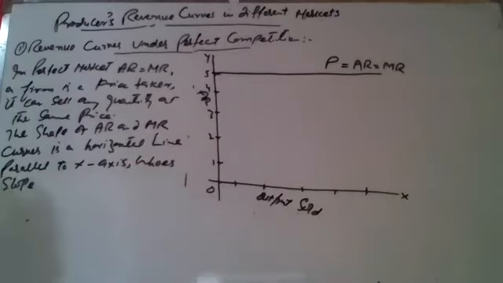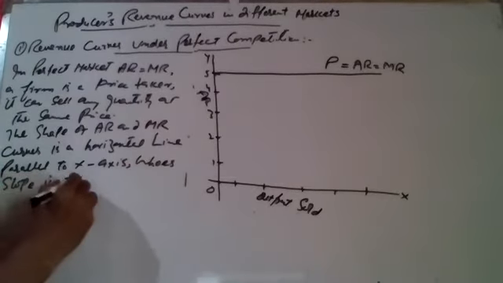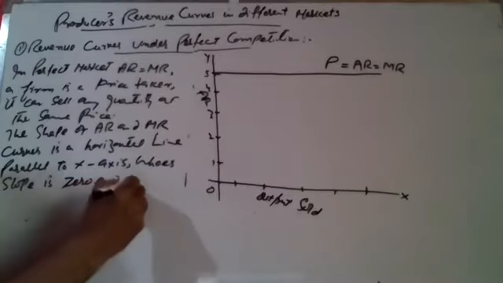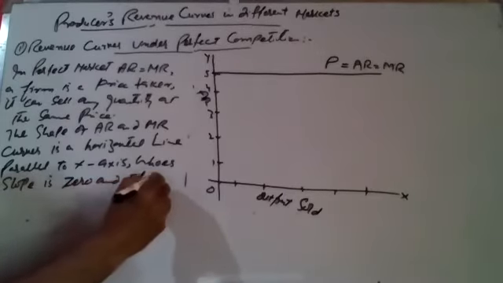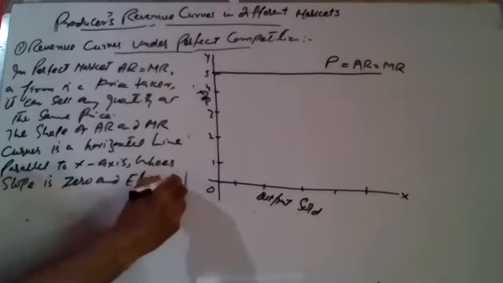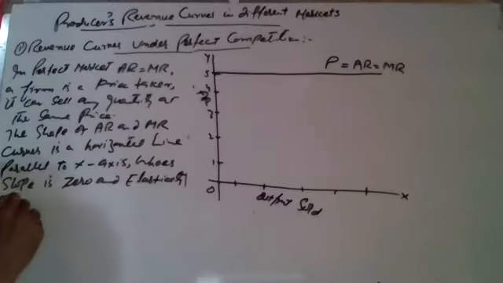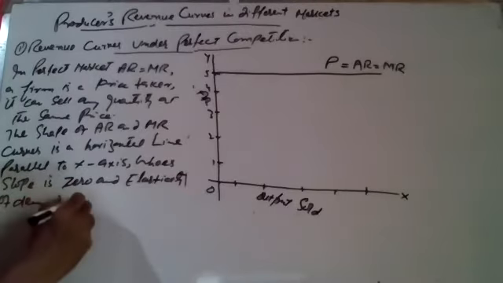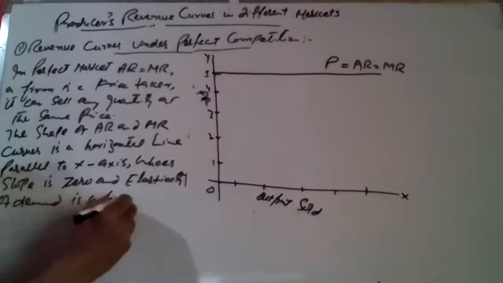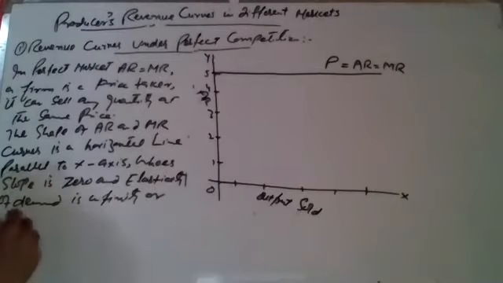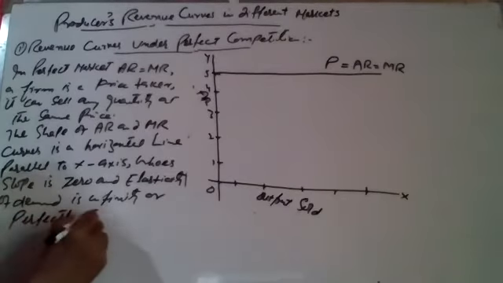The slope of revenue curves for a firm is zero, and elasticity of demand is infinity, or perfectly elastic. The elasticity of demand is perfectly elastic.